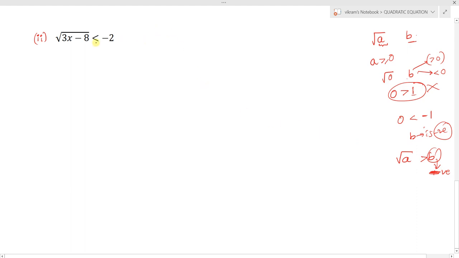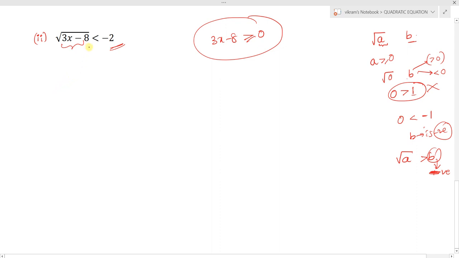So the square root of a number, 3x minus 8, is always greater than or equal to 0. We need to obtain 3x minus 8 greater than or equal to 0. But in the question he is saying that 3x minus 8 is less than minus 2. Is it a possible case that the square root of a quantity is negative?